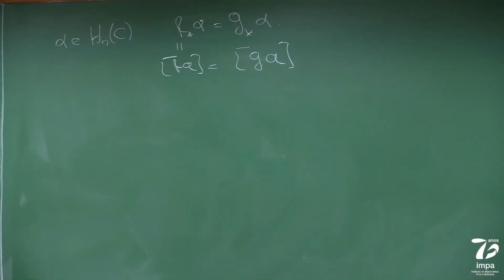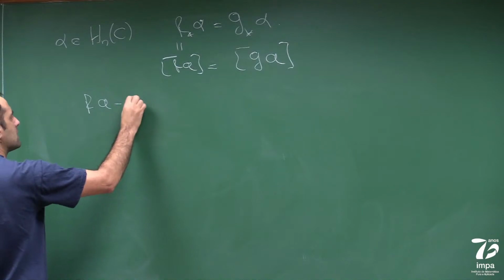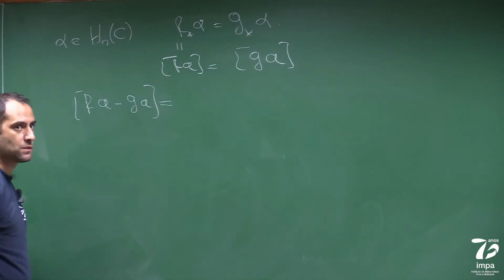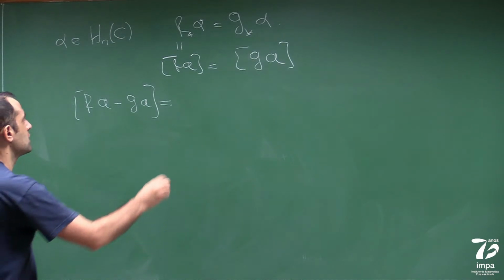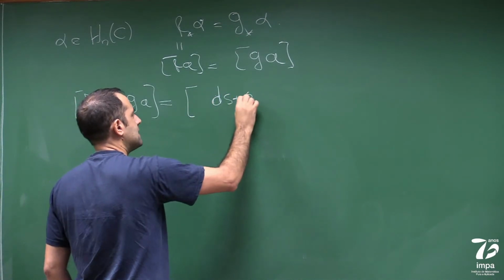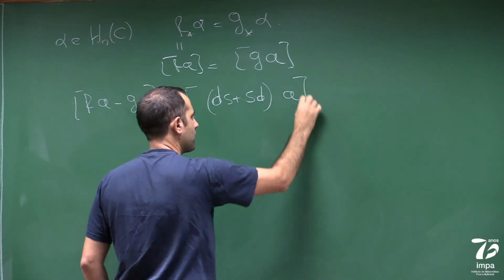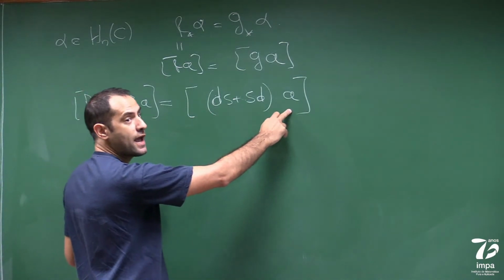Okay? So FA minus GA, this class, which is what I want to check is 0, did I get it right? Yeah, it's F minus G. So this is the same thing as the class of DS plus SD applied to A. Now, A was in Zn, so SDA is 0.